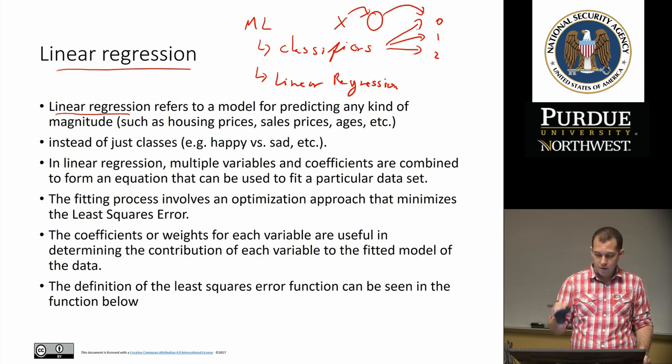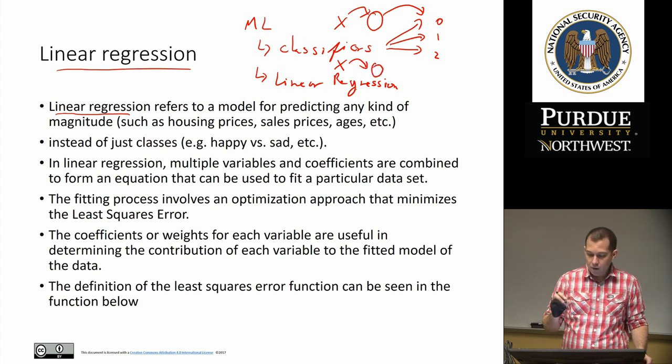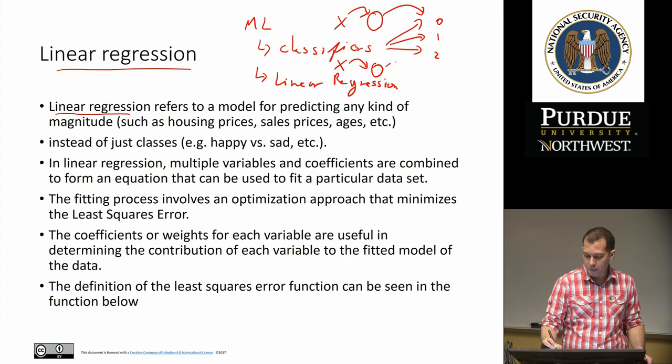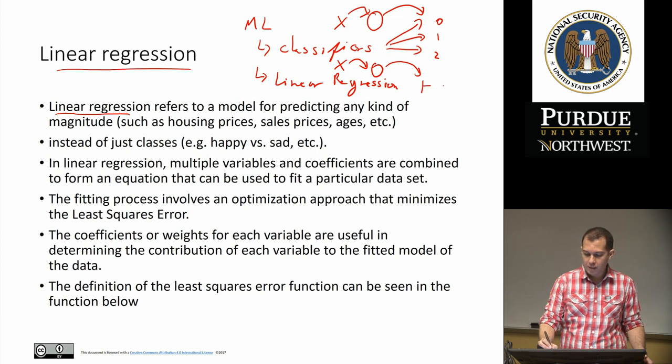With linear regression, we pretty much have the same thing. We have an input x, and then this input x goes into a different kind of model, a linear regression model. Now here's where it's different. The linear regression algorithm, instead of predicting one of three classes, will predict a real valued number. It might be the price of a house.